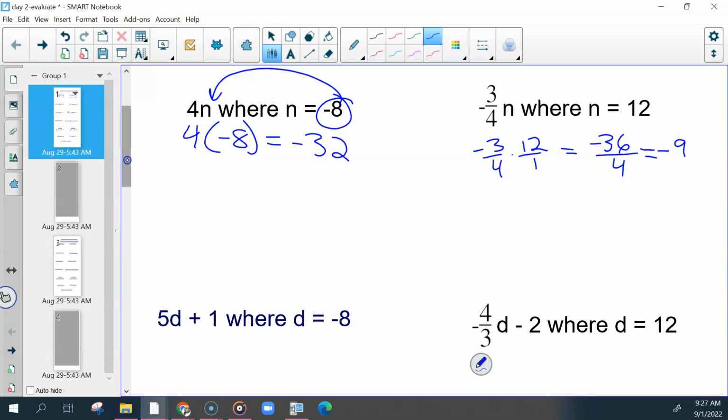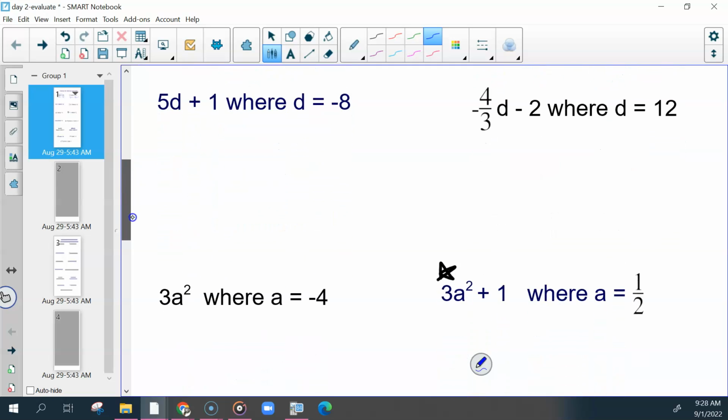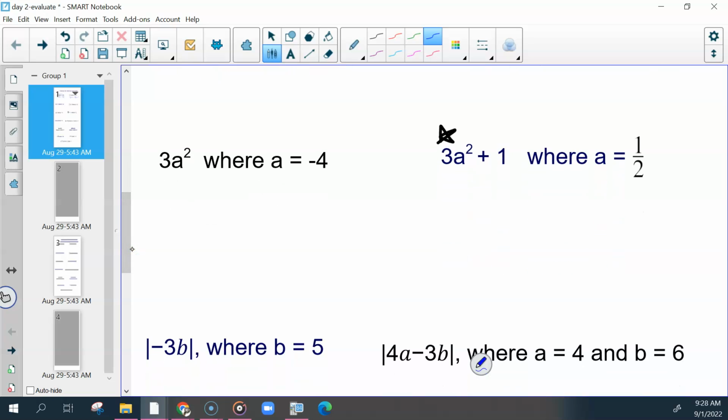Some of these ones up here may not be as challenging as the ones below, so I want you to look over this entire page and tell me which ones you would like to do together. Which ones you feel like you're not sure how you would start or continue after you substituted or replaced. And when you tell me what it is, you can just read it and then I'll start or circle it.